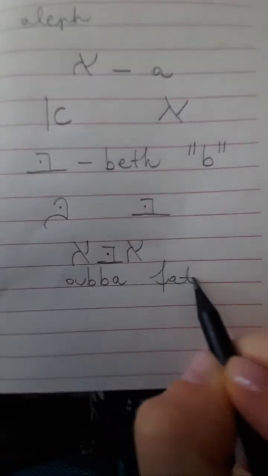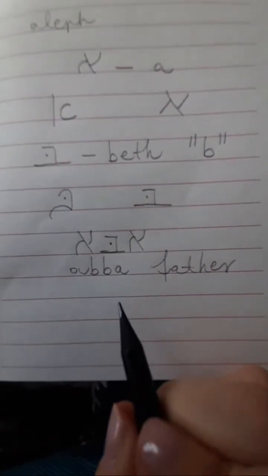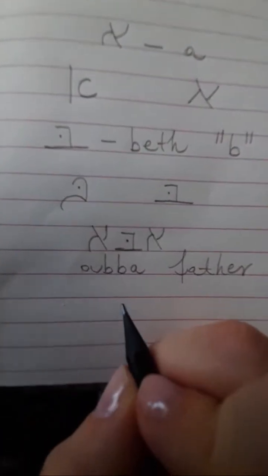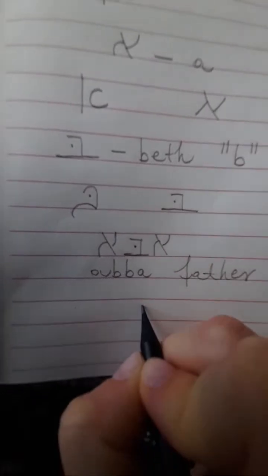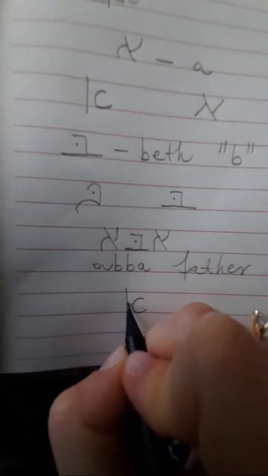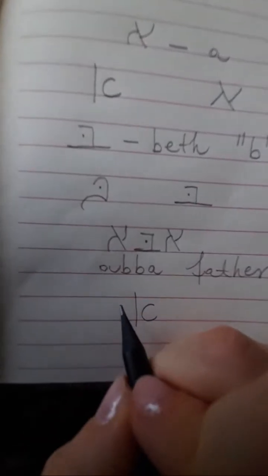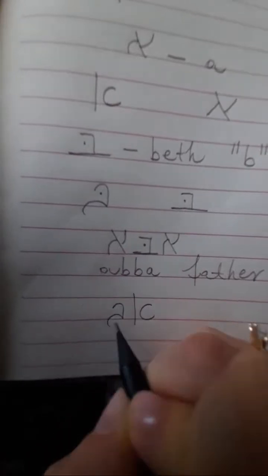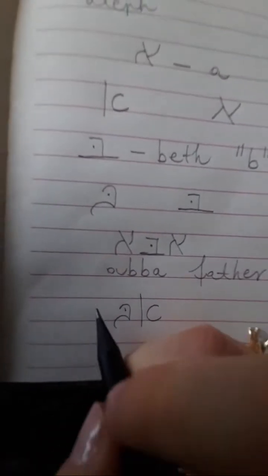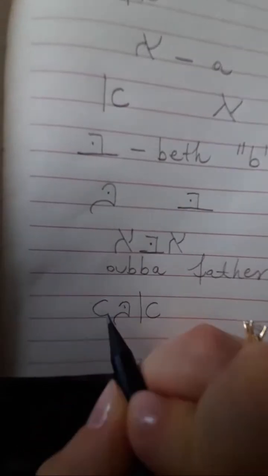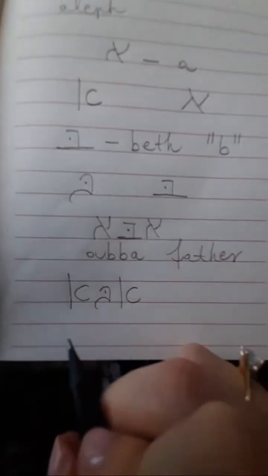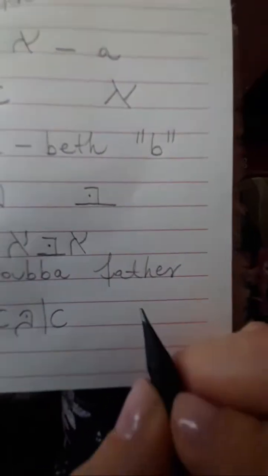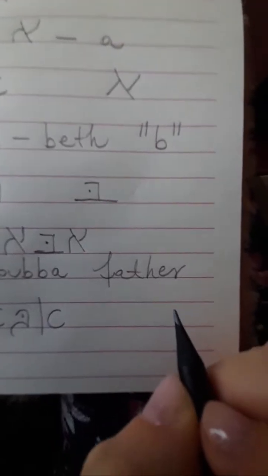Means father. And now let's see the everyday written form is this way, Abba. Okay. Abba means father. And now the printed form.